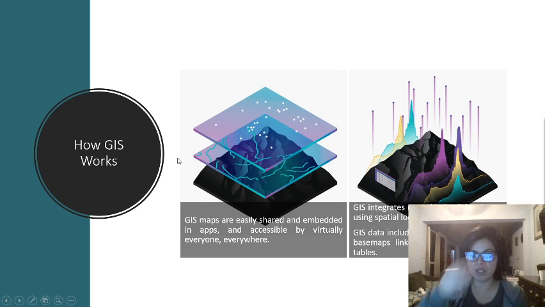We have another examples of how GIS works. First of all, in the mapping, GIS maps are easily shared and embedded in apps and are accessible for virtually anyone and everywhere. Also, the GIS systems integrates many kinds of data layers using a spatial location. The GIS data includes imaginary features and base maps linked to the spreadsheets and tables.